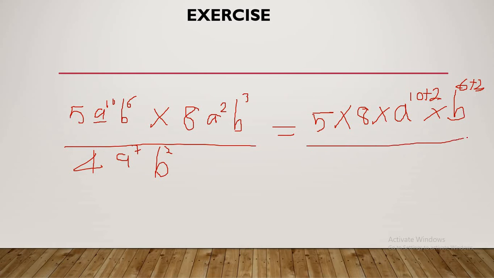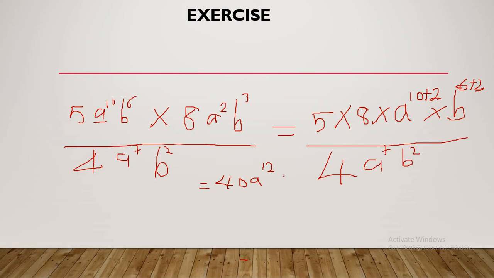And all of this divided by 4a raised to the power 7, b raised to the power 2, right? So we can further simplify this as 5 times 8 is 40. 40a raised to the power 12, right? 10 plus 2, 12.